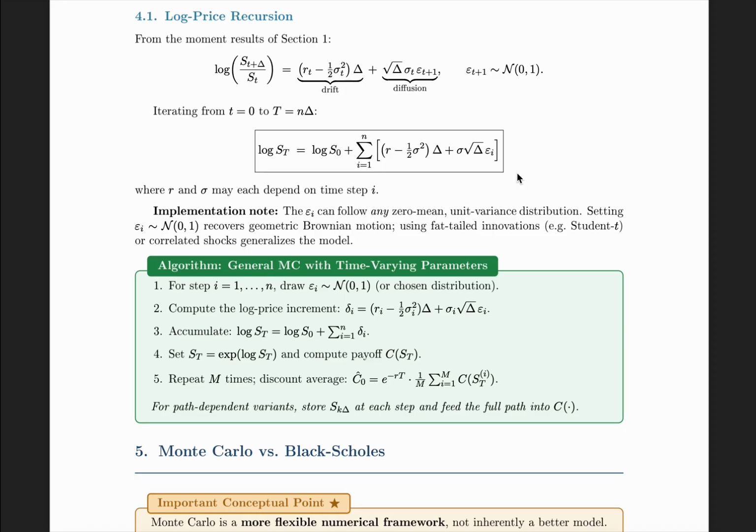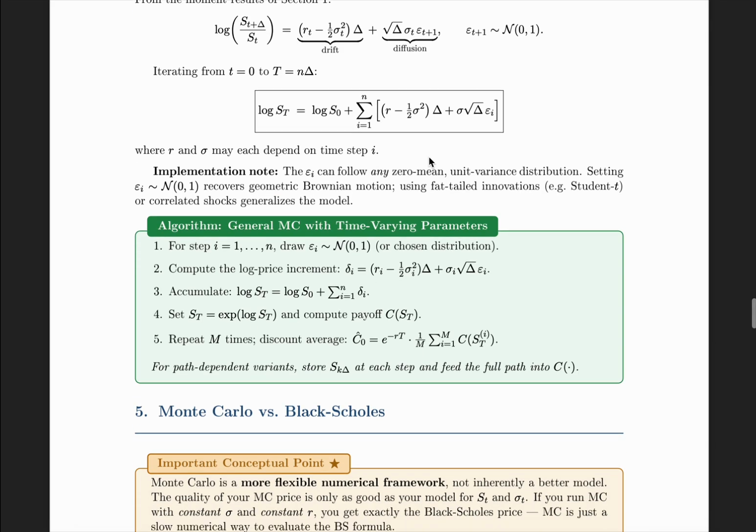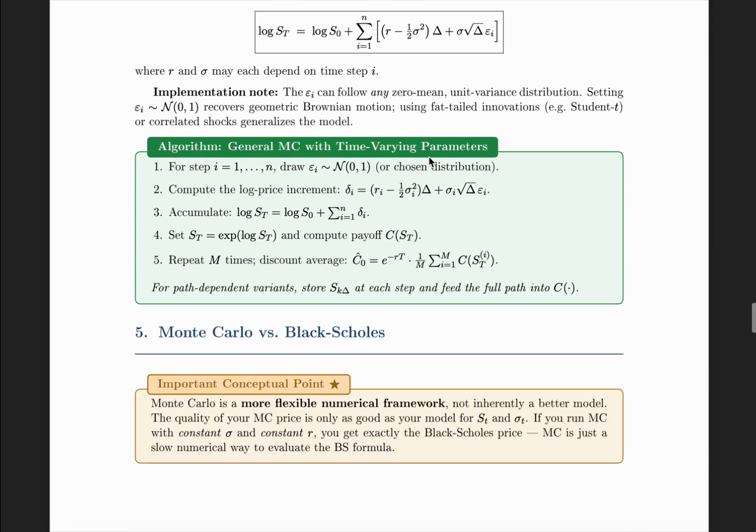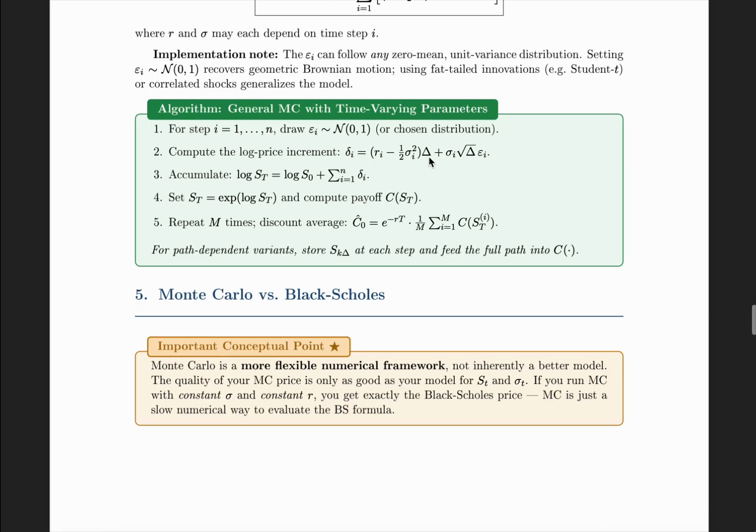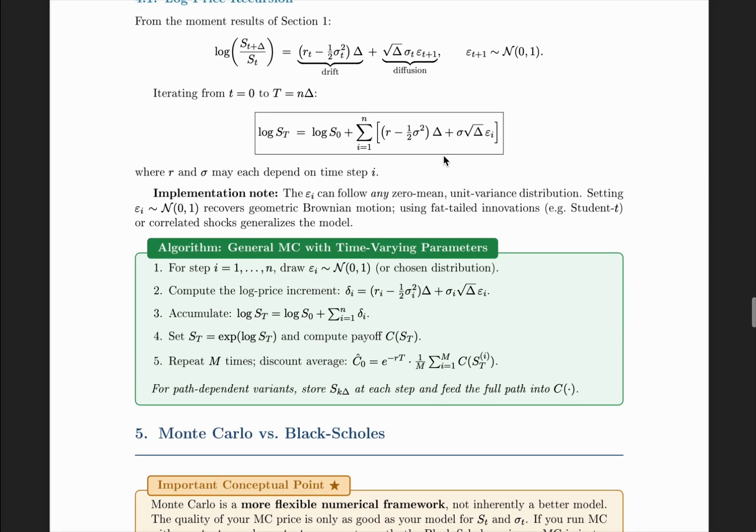And the benefit of Monte Carlo is therefore that we are allowed to vary sigma and risk-free rate of return throughout our simulation, which can be more realistic. And finally, another thing that we can vary is this epsilon, which is the distribution.